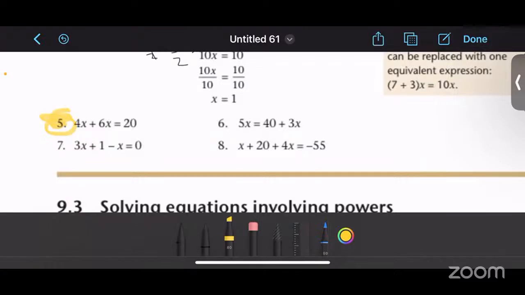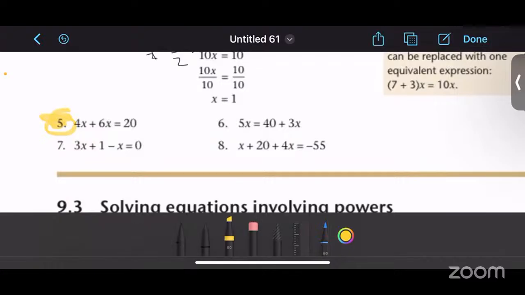They have variable x, and both the x has exponent 1. So that means these 4x and 6x are like terms. So we're going to add them together to get 10x, because x is the friend over there. So it's going to be 10x is equal to 20.